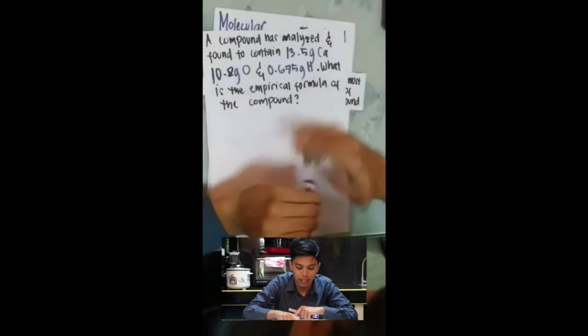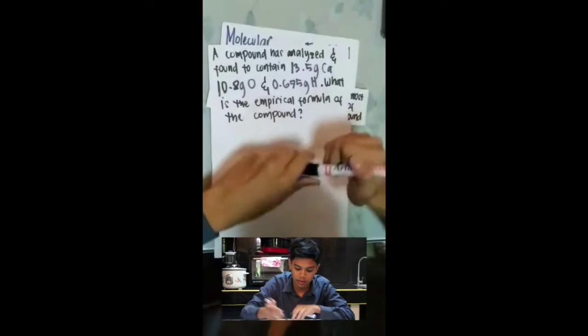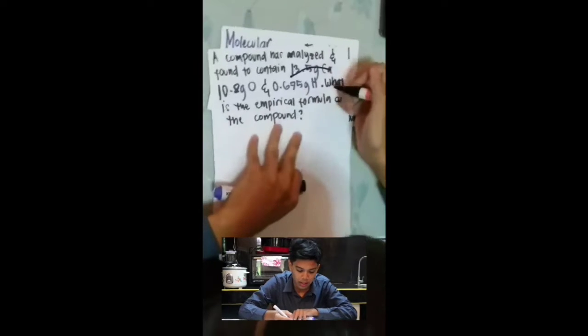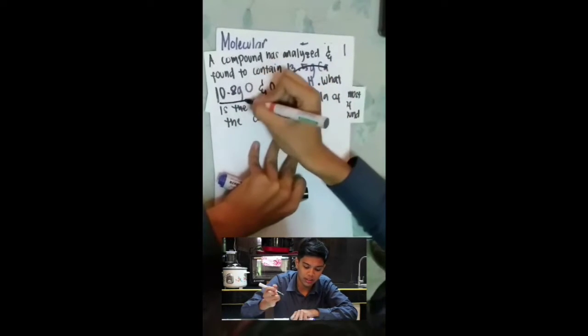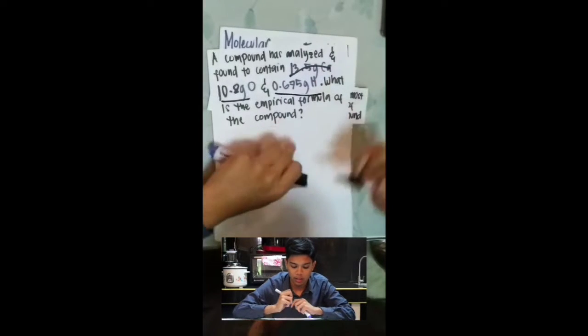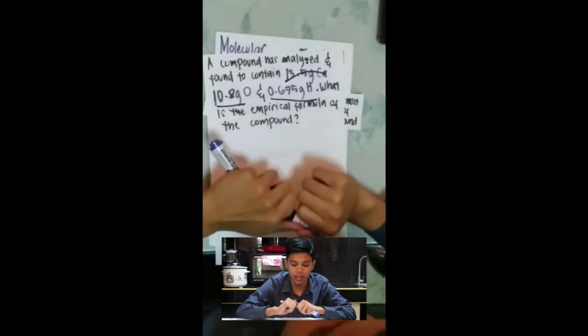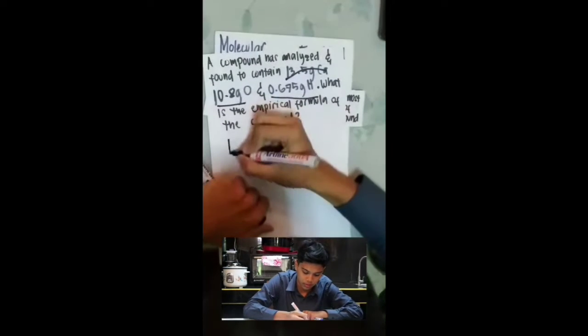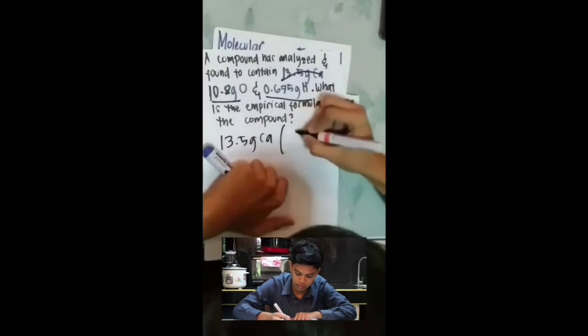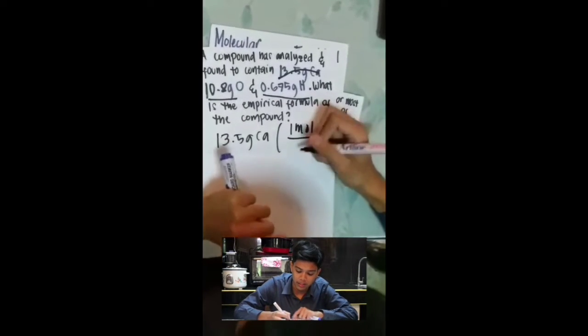So, a compound was analyzed and found to contain 13.5 grams of calcium, 10.8 grams of oxygen, and 0.675 grams of hydrogen. So, what is the empirical formula of the compound? First thing we'll do is find its moles. So you'll simply divide each mass by its molar mass.